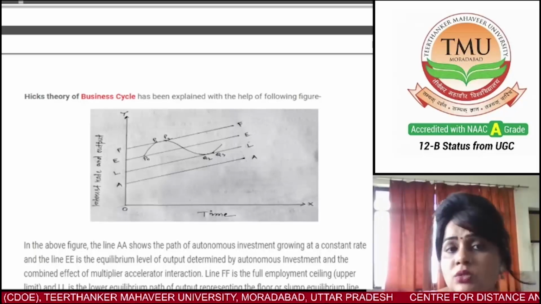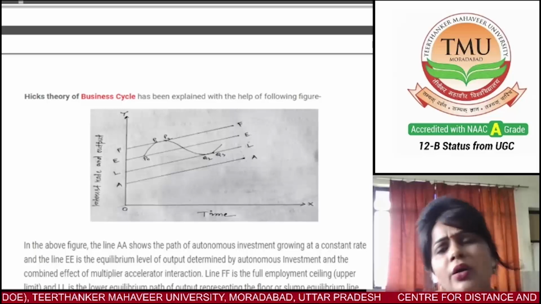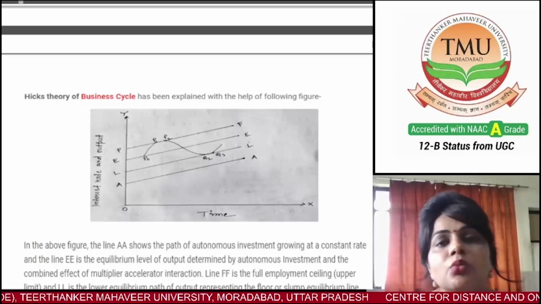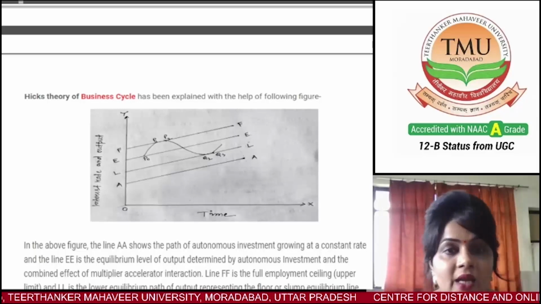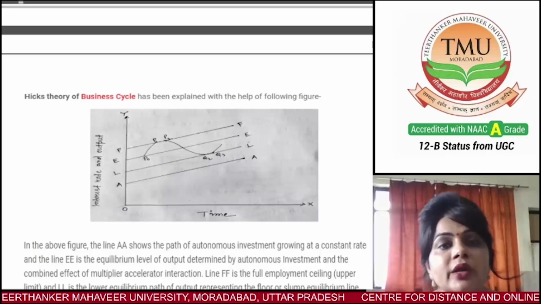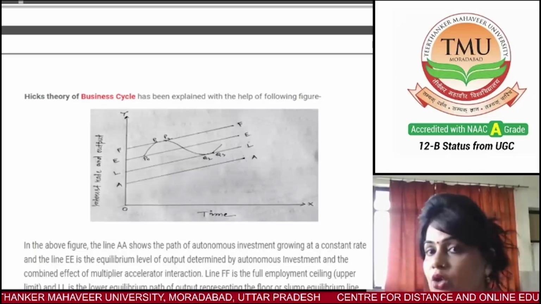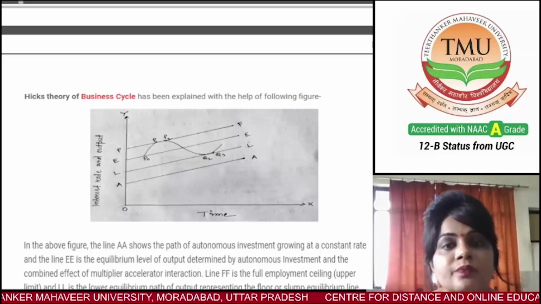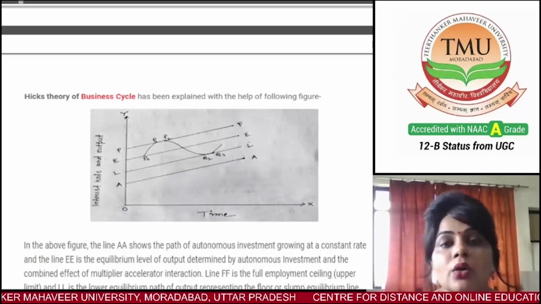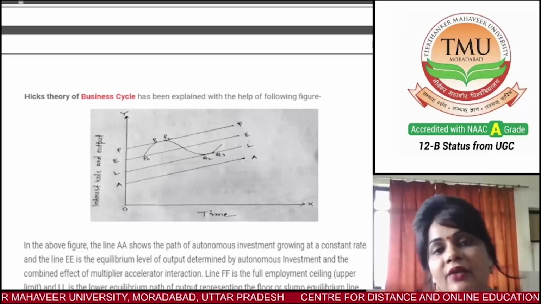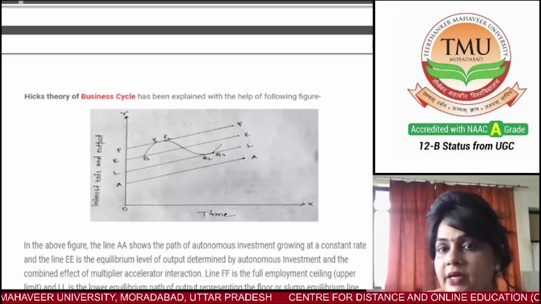If national income grows from one year to the next as it would move along the line LL, there is some amount of induced investment through the accelerator. The line EE shows the equilibrium growth path of national income determined by the autonomous investment and the combined effect of the multiplier and the accelerator.